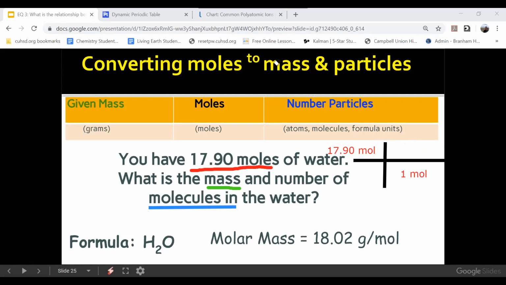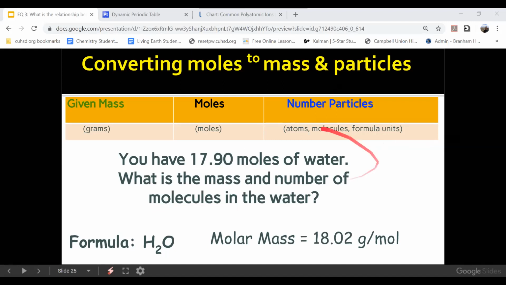This is literally just going to be the same setup, except for this time it's going to be multiplied by Avogadro's number. And this is molecules. And then that's going to get your answer, which is going to be 17.90 multiplied by it. And that's basically all there is to this one.